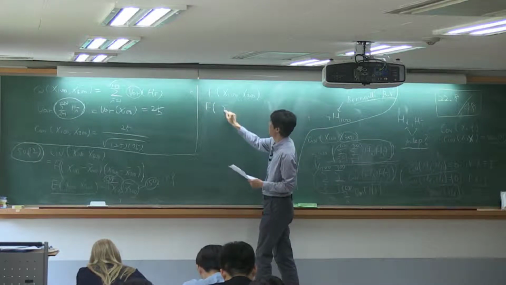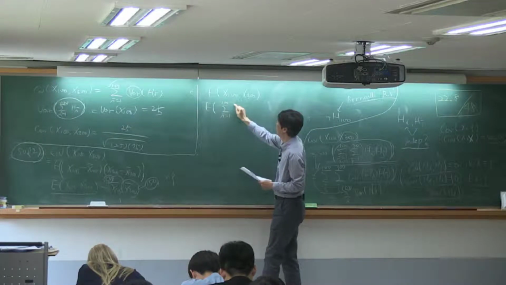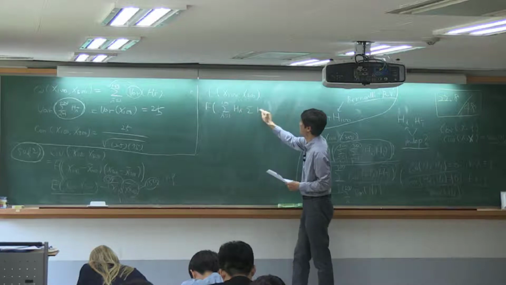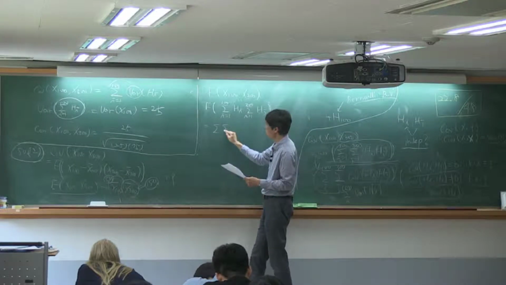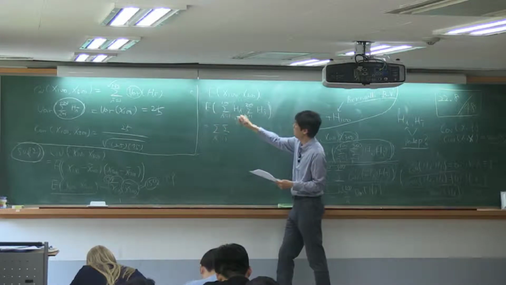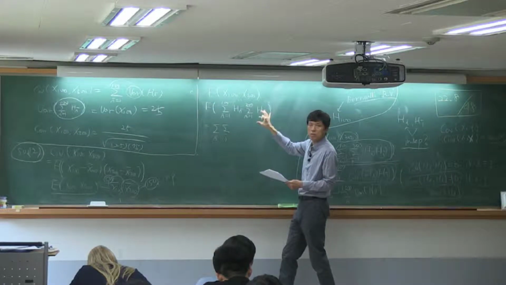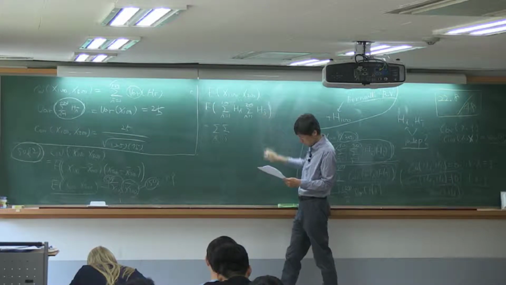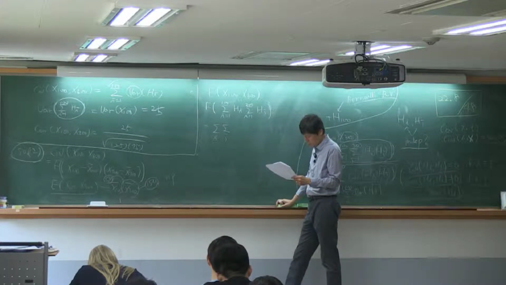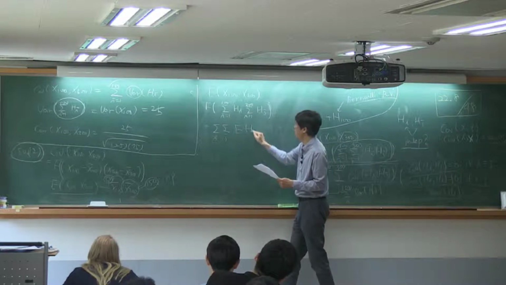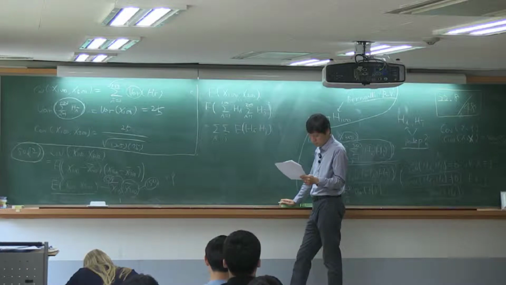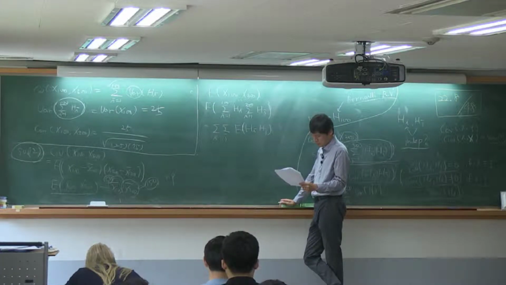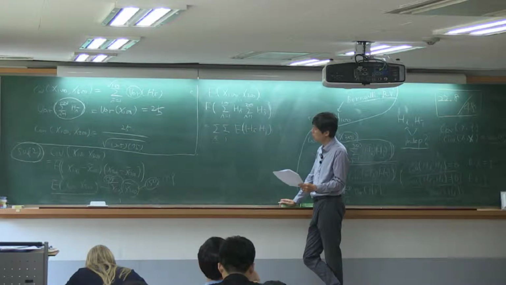This is the expectation of the sum over i from 1 to 100 of Hi, times the sum over j from 1 to 300 of Hj. The expectation can be moved from outside the sigma to inside the sigma, so we get the expectation of Hi Hj.